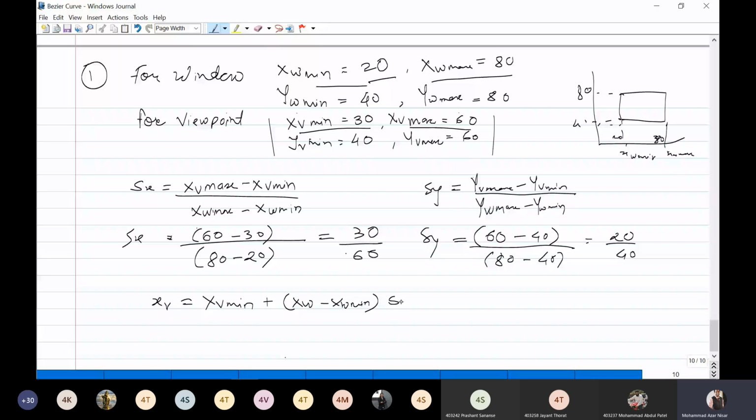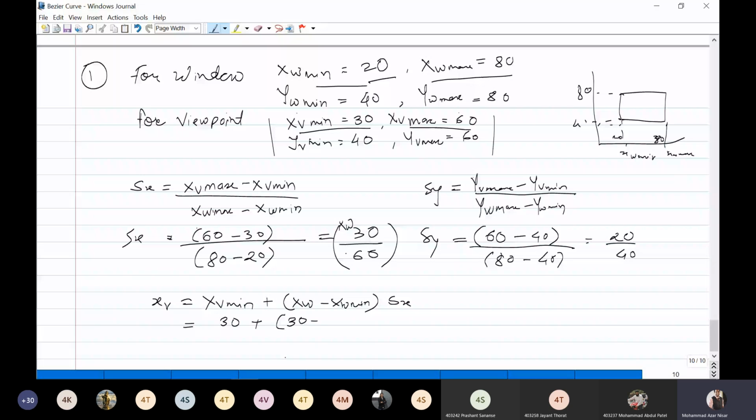Then xv minimum is 30, plus xw, which is 30, minus xw minimum.